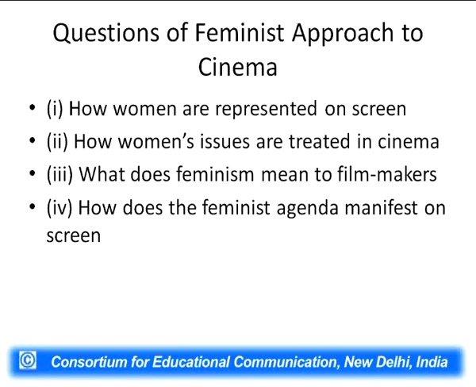Then, how the feminist agenda is manifested on the screen, because the way feminist issues have been visualized and how they appear to the audience can be two different things. So, how feminist issues are manifested on the screen is another important aspect among the questions raised on the feminist approach to cinema.